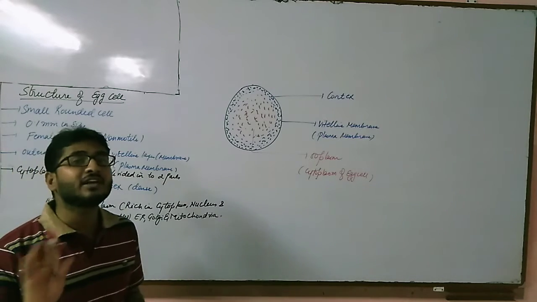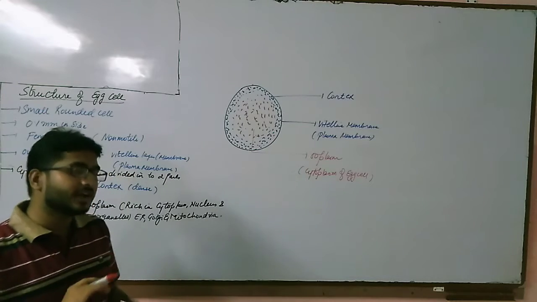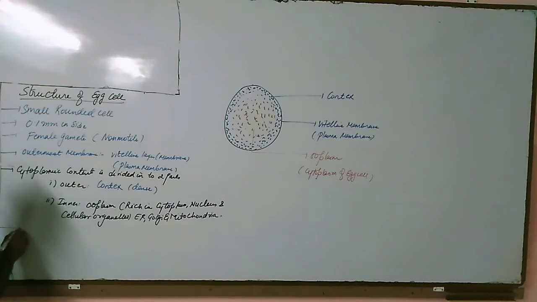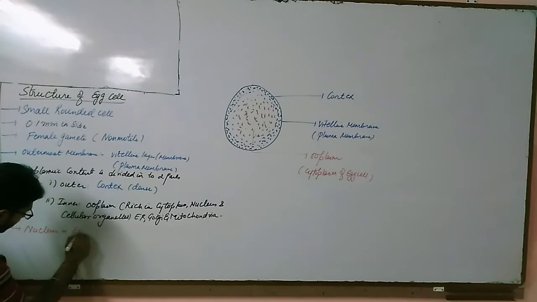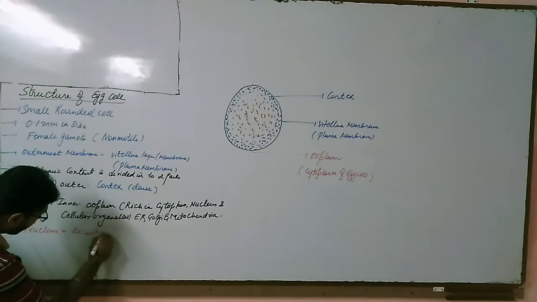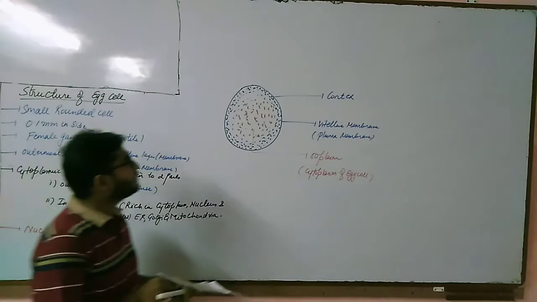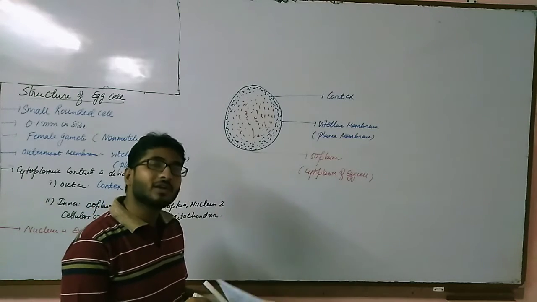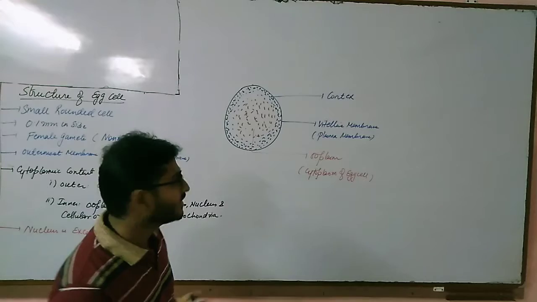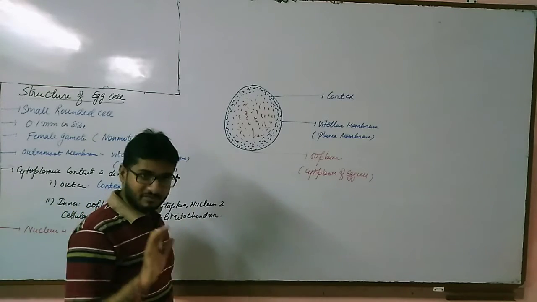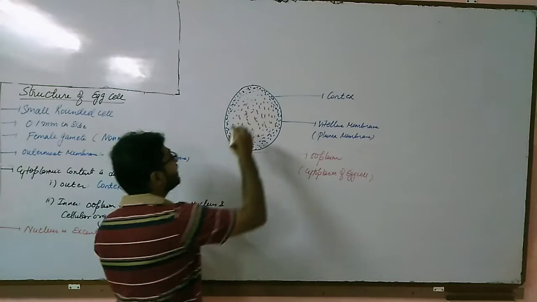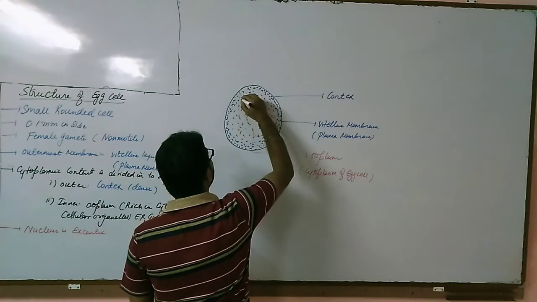Nucleus is not centric, it is eccentric in nature. Now when I am using the word eccentric, what does it mean? That means no center, that is the nucleus is not present at the center, instead it is located at one specific corner.